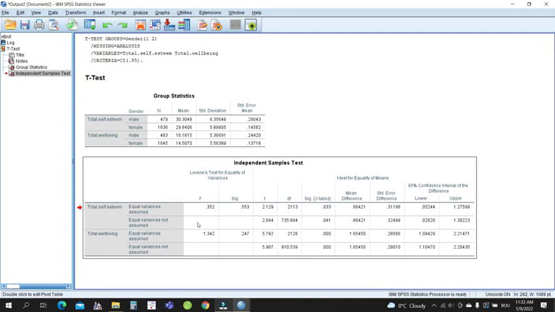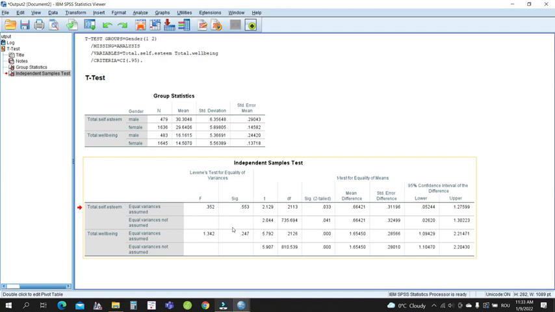Are the variances of our two groups equal? So, in order to know which version of the t-test we should apply, we have to test first the equality of the variances. And in the first two columns of this table, we have the results of the Levene test, which compares the variances of the groups.